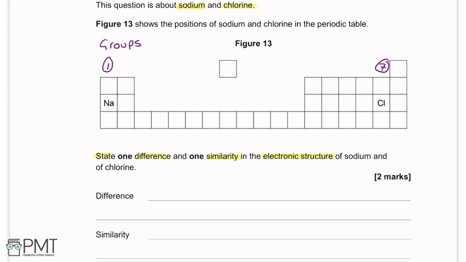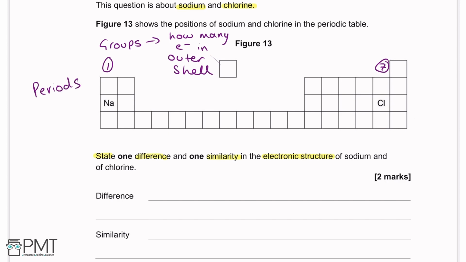Now, the groups of the periodic table tell you how many electrons are in the outer shell. Okay, so we've said sodium is in group 1, therefore sodium has 1 electron in the outer shell. Chlorine is in group 7, therefore it has 7 electrons in the outer shell. Now, the horizontal rows that run across the periodic table are called the periods.